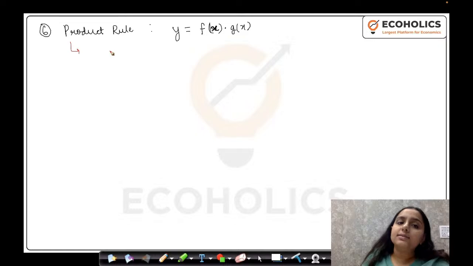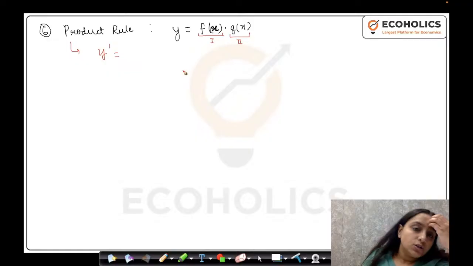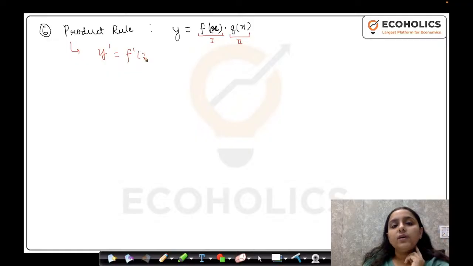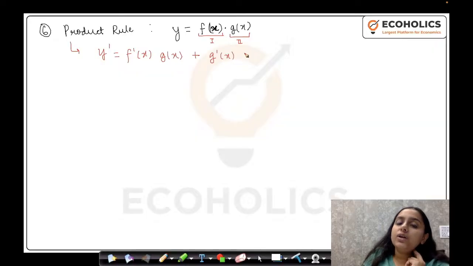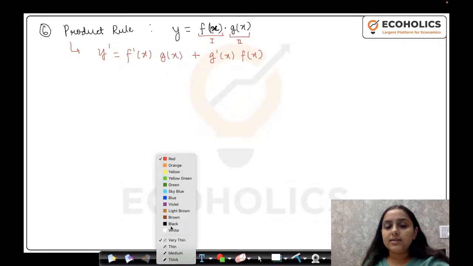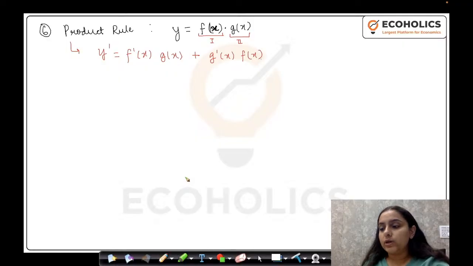Product rule says that the derivative of y is equal to, this is my first function, this is my second function, so the first function's derivative into the second function as it is, plus the second function's derivative into the first function as it is. So that is what it says.